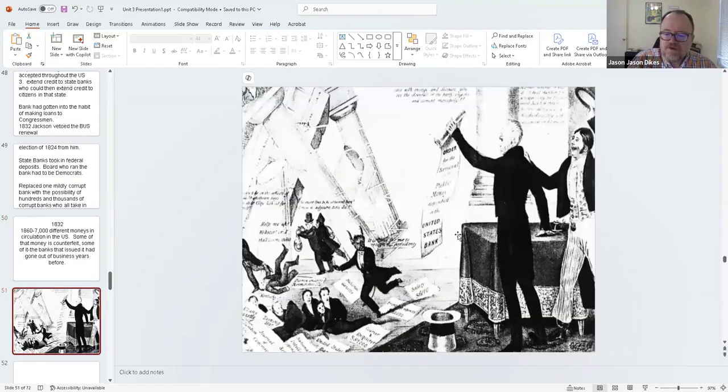Here's a drawing showing the order to shut down the National Bank. Here are the bankers running away who are in league with Satan, as you can see here. So it was championed at the time by a lot of Democrat establishment. The Republican establishment was not particularly happy with this whole thing.